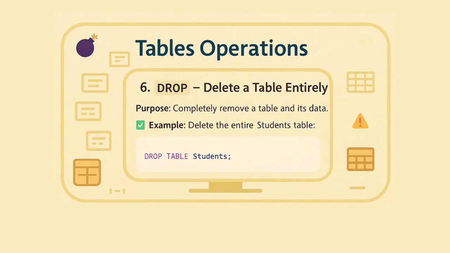Drop, completely remove a table and the data inside. If you want to delete the whole table, but we will not apply this, just to know the syntax of the statement, drop table, name of the table, for example, students.